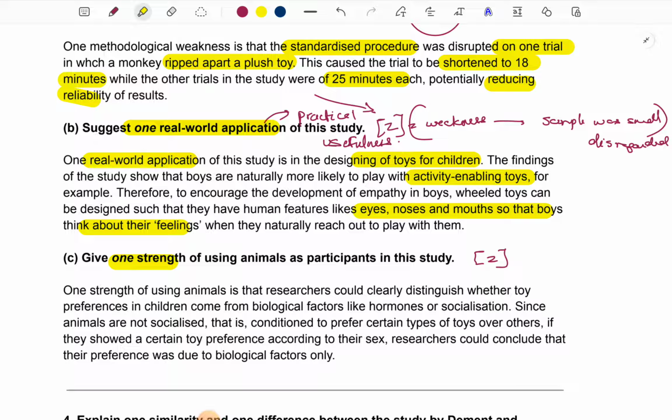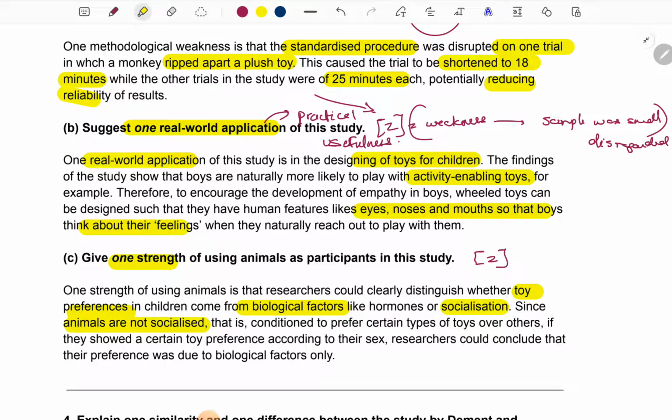They wanted to distinguish whether toy preferences in children come from biological factors or socialization. Now the problem is that in human children, these 2 factors cannot be separated because they go hand in hand. Their biological factors like hormones are affecting their behavior at the same time as what they are learning from others in society. But when it comes to monkeys, they are not socialized.